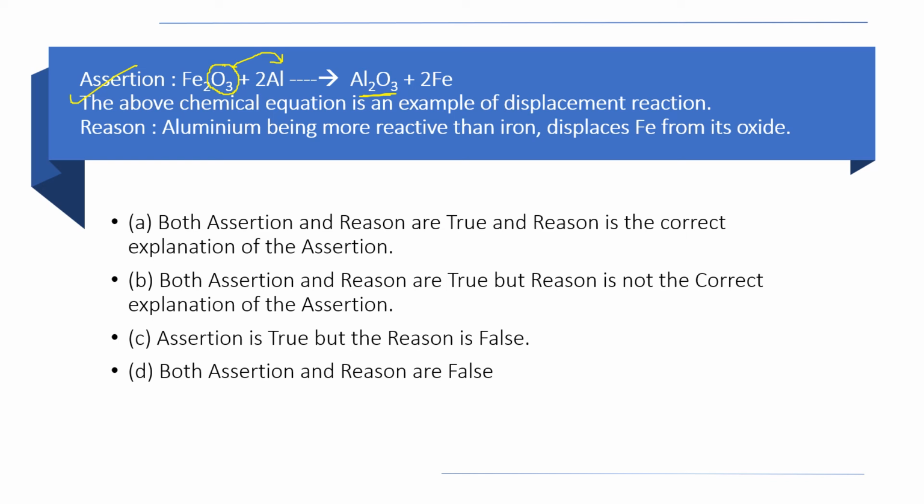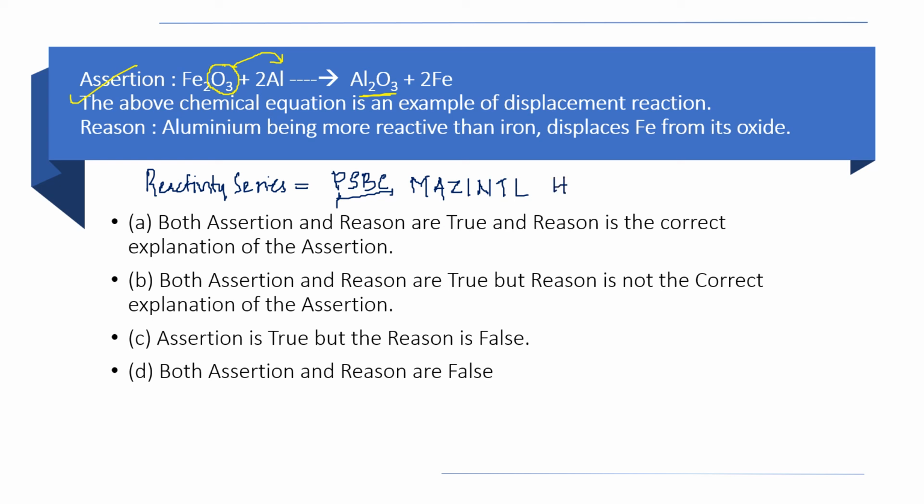You know the reactivity series, right? The reactivity series starts with potassium, sodium, barium, calcium. PSBC. Then magnesium, aluminium, zinc, iron, nickel, tin, lead.